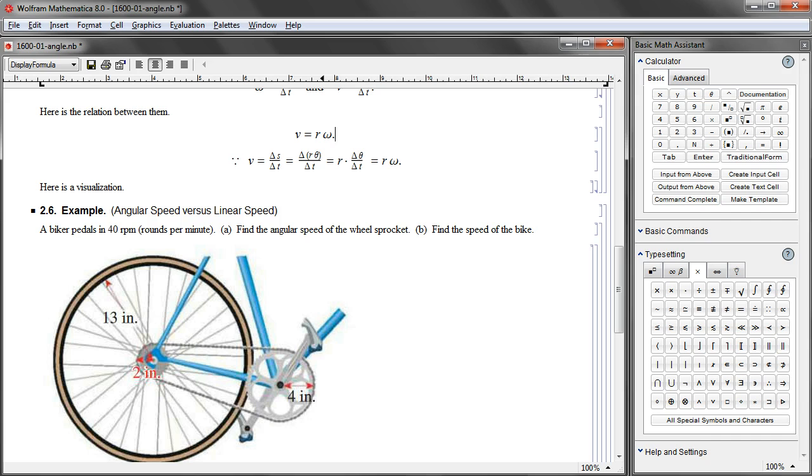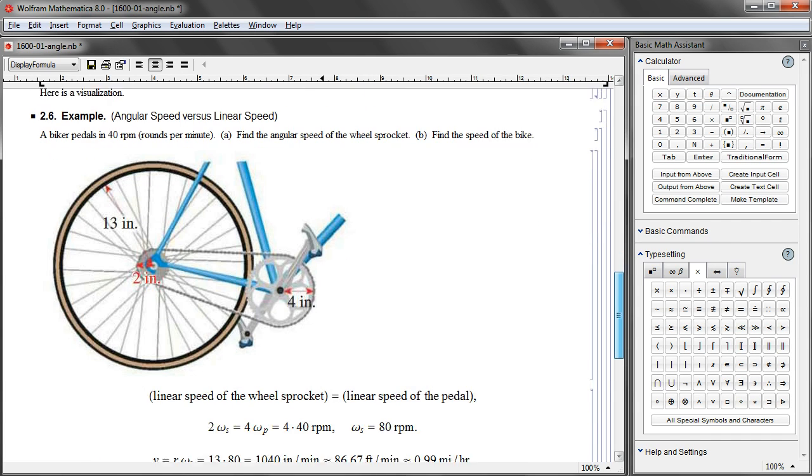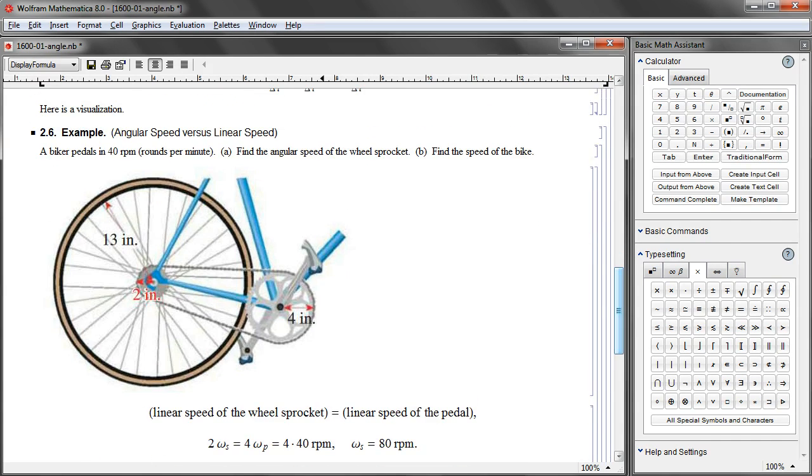So we have to set it up equal to the other omega. This linear speed r omega for the wheel sprocket is equal to the linear speed r omega for the pedal.